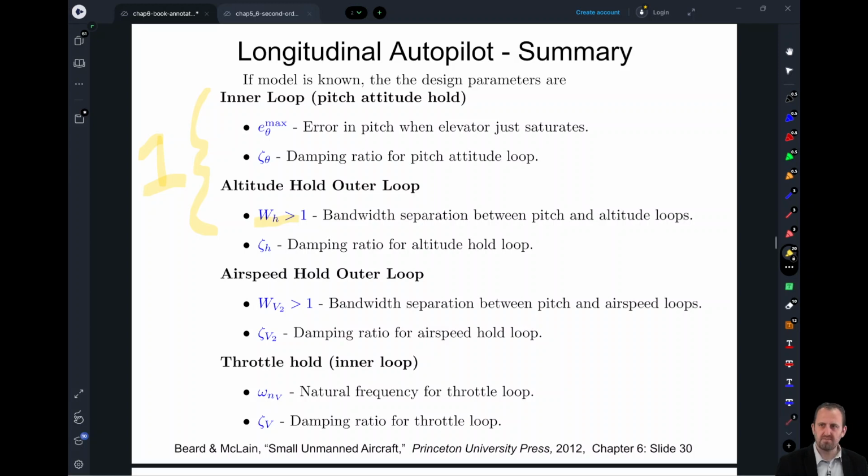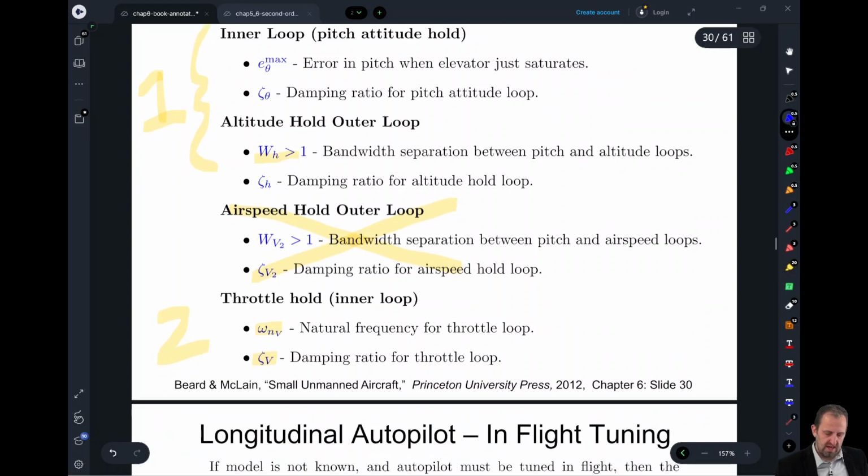Hold on for just a sec. Sorry, it got thrown off just by a bit. We did not go over the airspeed outer loop, but we did talk about the throttle loop. So this is our second one that we talked about. Okay, excellent.